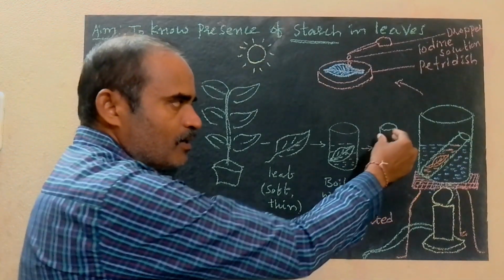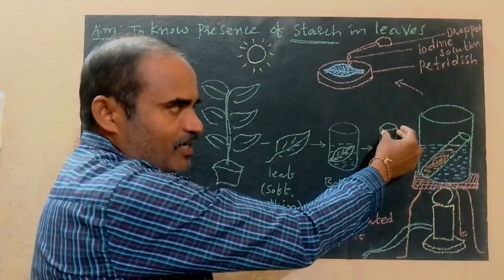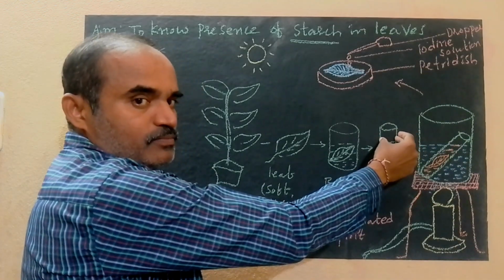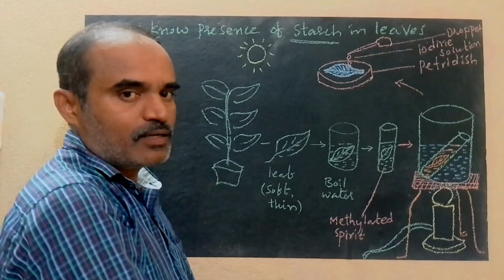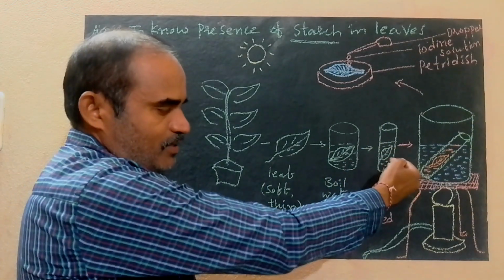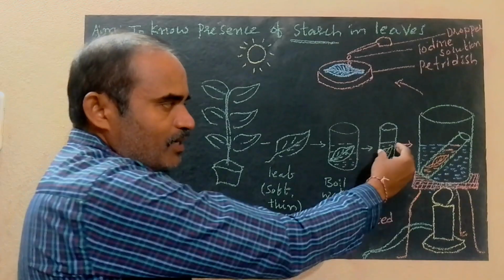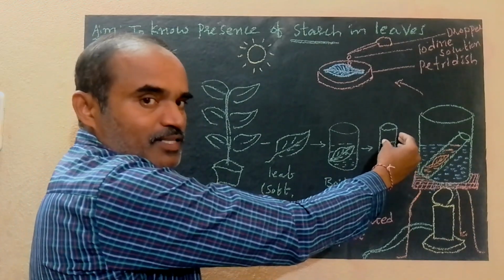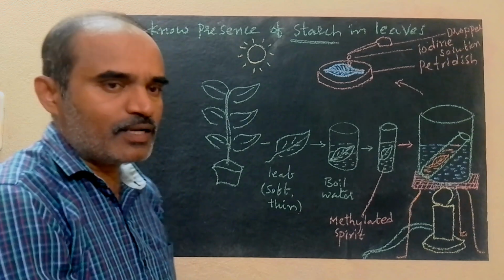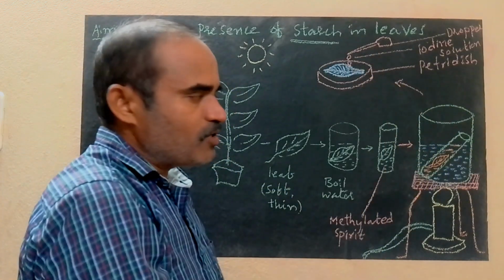Next, place this boiling tube containing methylated spirit, with the soft leaf already inserted in it, in a water bath.